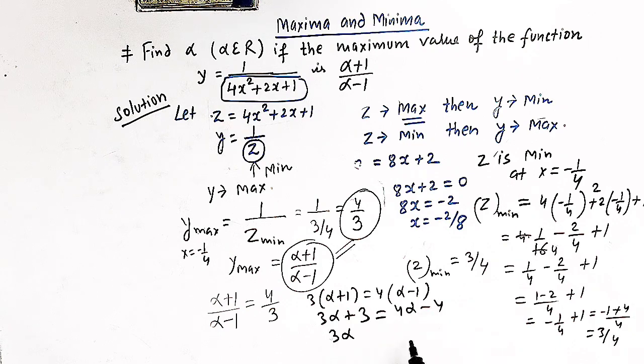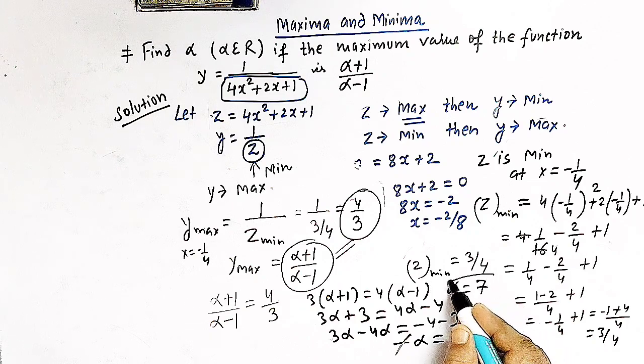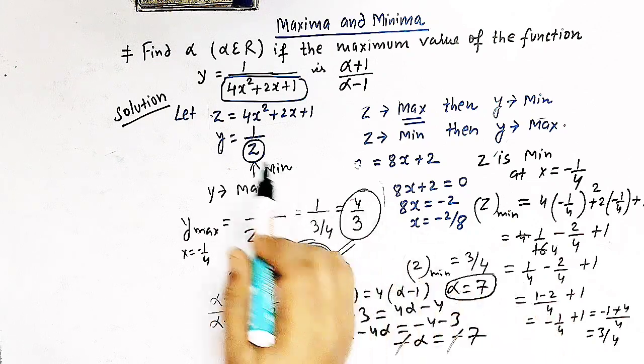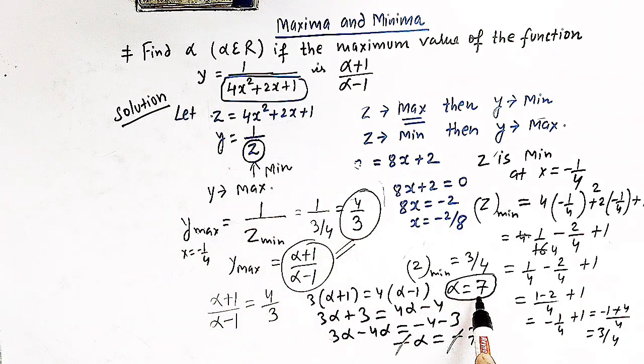Taking 4 alpha to this side and 3 to this side, we have minus alpha equal to -7, and the minus signs cancel, so we have alpha is equal to 7, right?